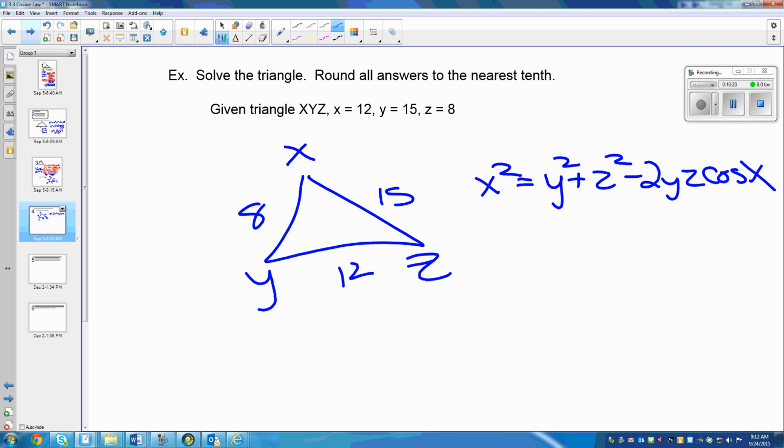And we substitute it. So we get 12 squared is equal to 15 squared plus 8 squared minus 2 times 15 times 8 cos x. Everyone's okay with that?